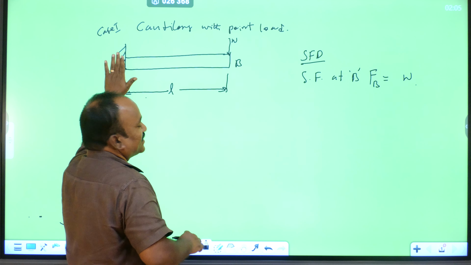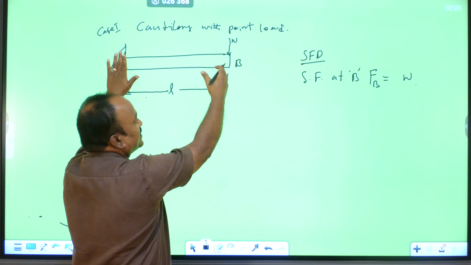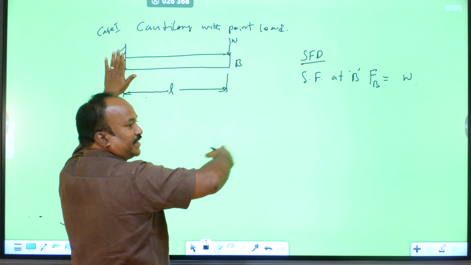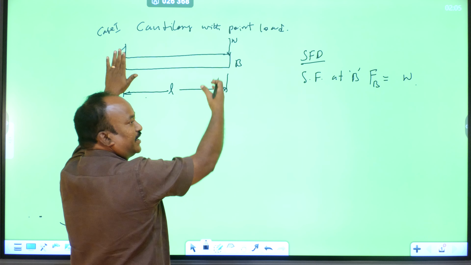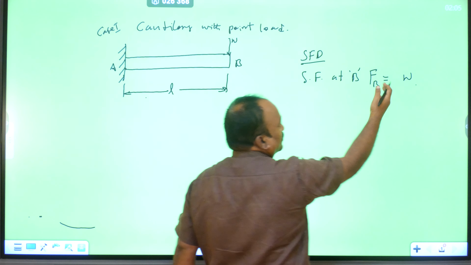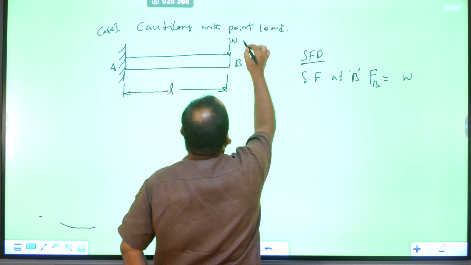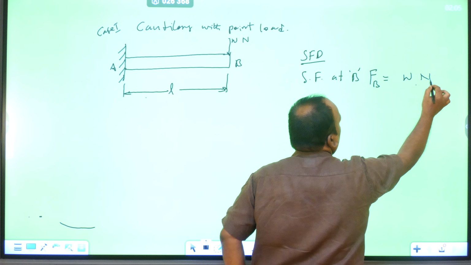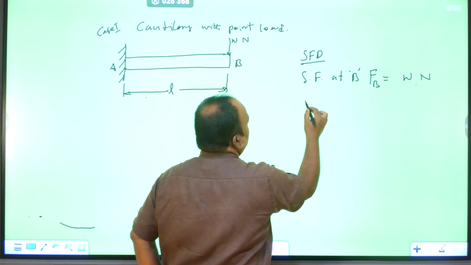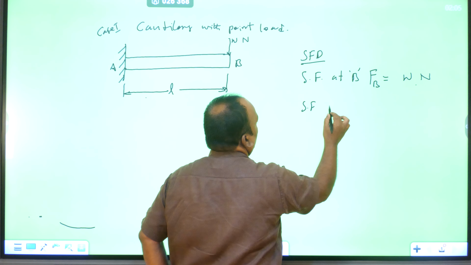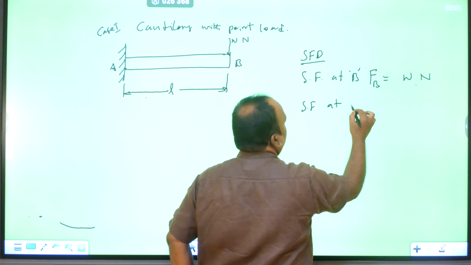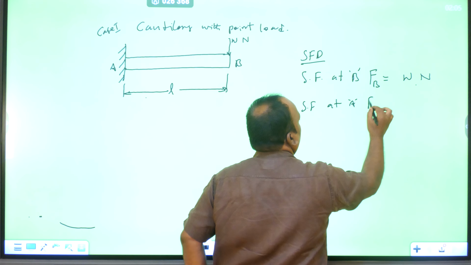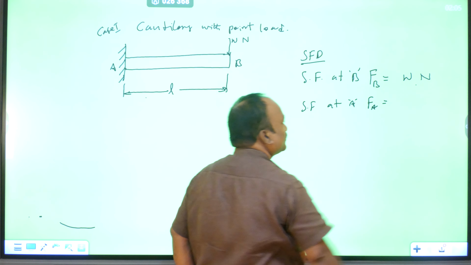With A fixed, the load at B is downward, which is clockwise, so it is positive. W newtons.